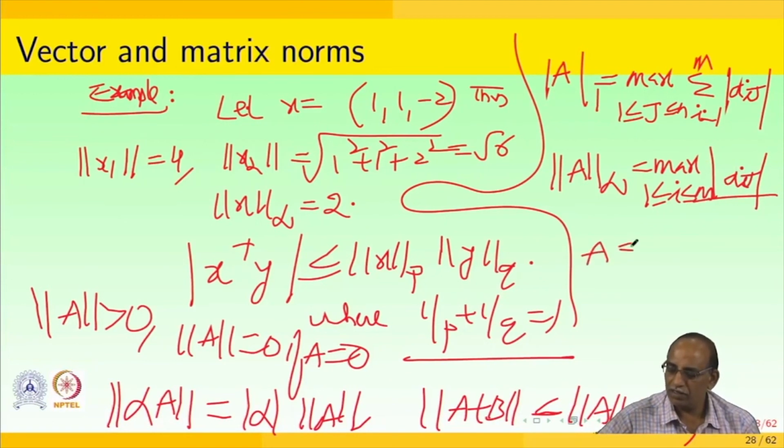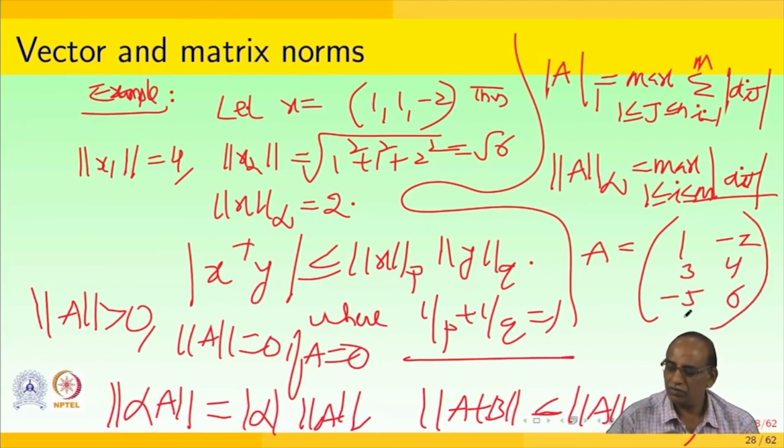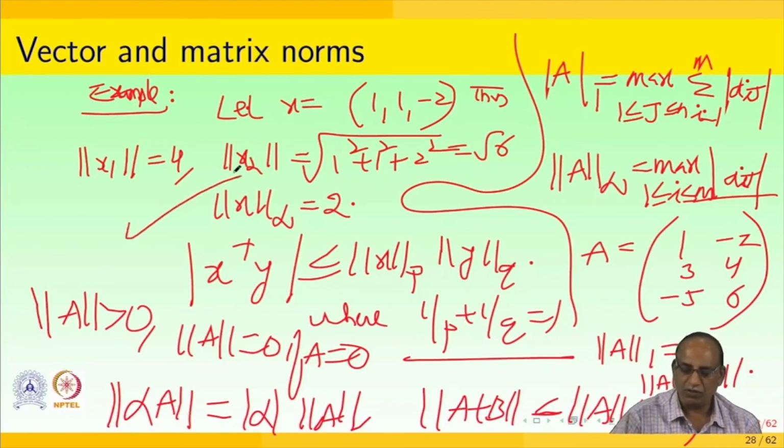For example, A equals the matrix with rows 1, -2, 3 and 4, -5, 6. Then the 1-norm of A is 12 and the infinity norm of A is 15. That's how we compute the matrix norms.